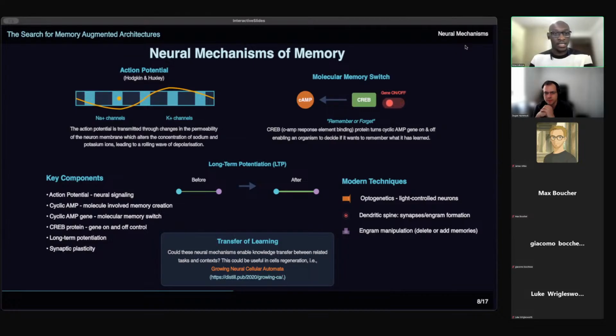So Hodgkin and Huxley talked about these phenomena where, if you have a neuron membrane, information flowing through one neuron to another is essentially controlled by the concentration of sodium ions and potassium ions.